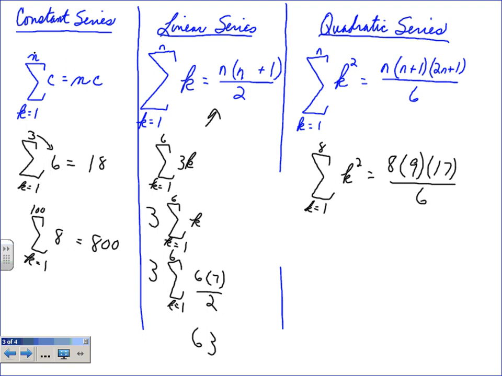If we plug that in, 8 times 9 is 72. 72 divided by 6 is 12. 12 times 17 is 120 and 84, 204, is that right? And so the sum of the first 8 terms is 204.